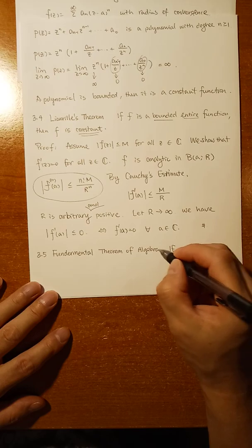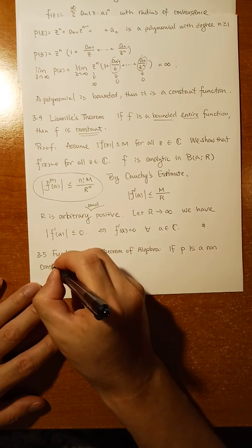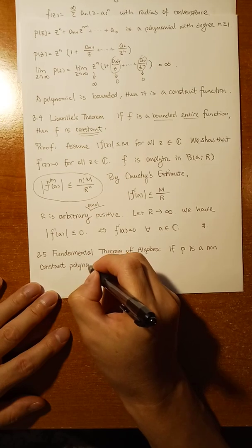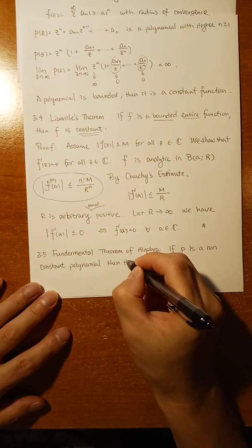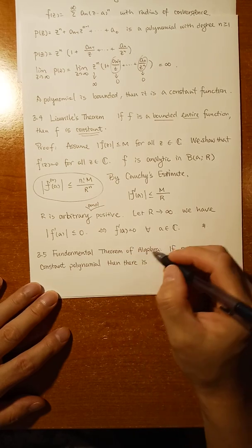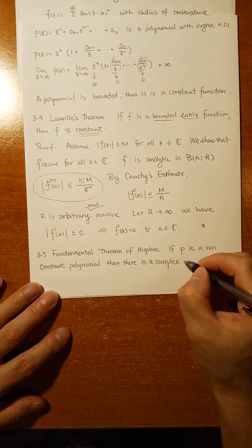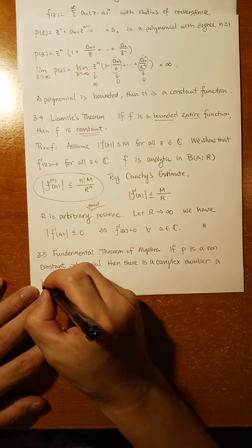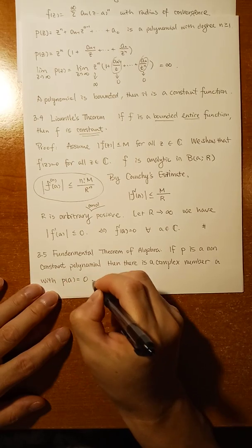So if P is a non-constant polynomial, then there is a complex number A with P of A equal to 0.